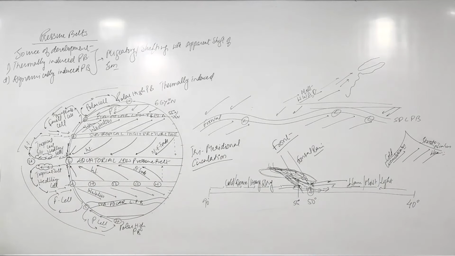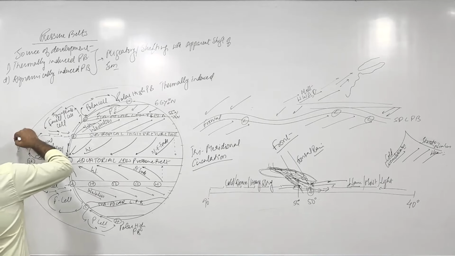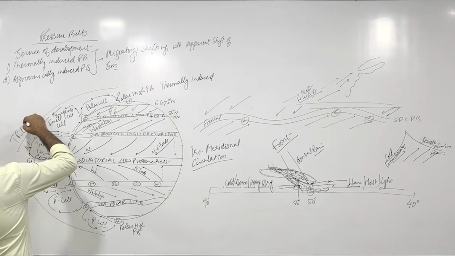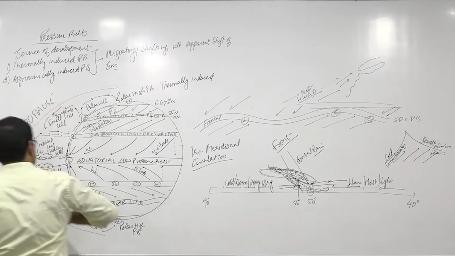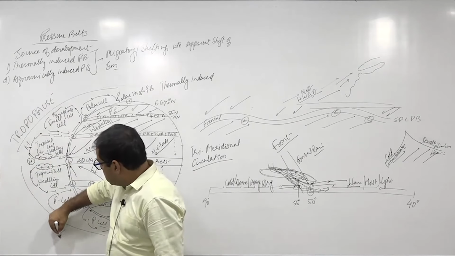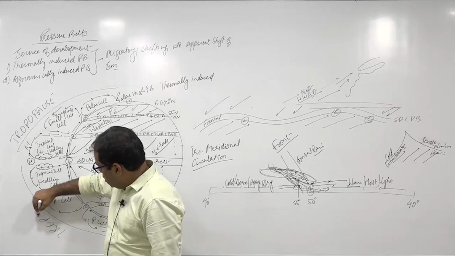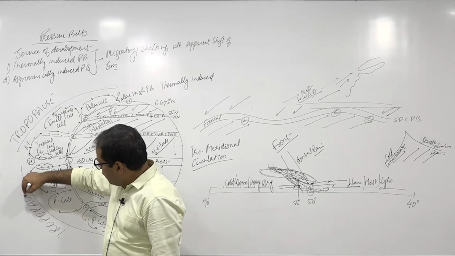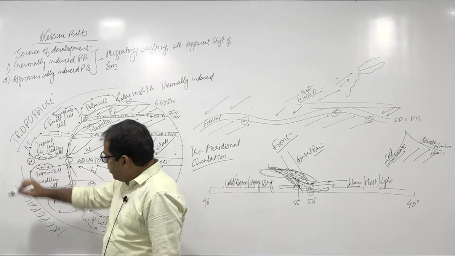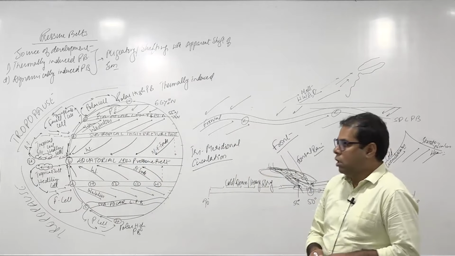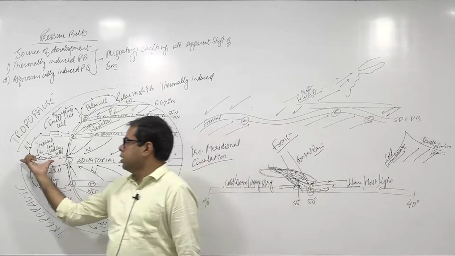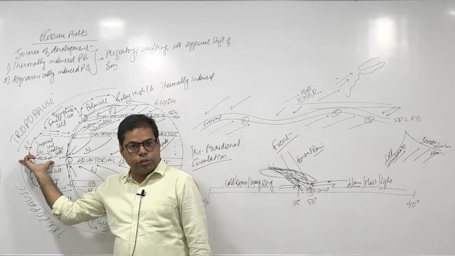Now look, this is the tropopause. All these phenomena are happening in the troposphere only. So here the height of the troposphere is more because of convection.